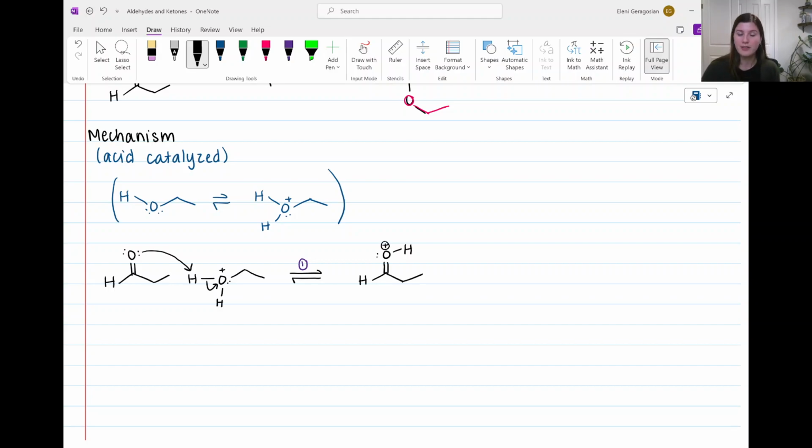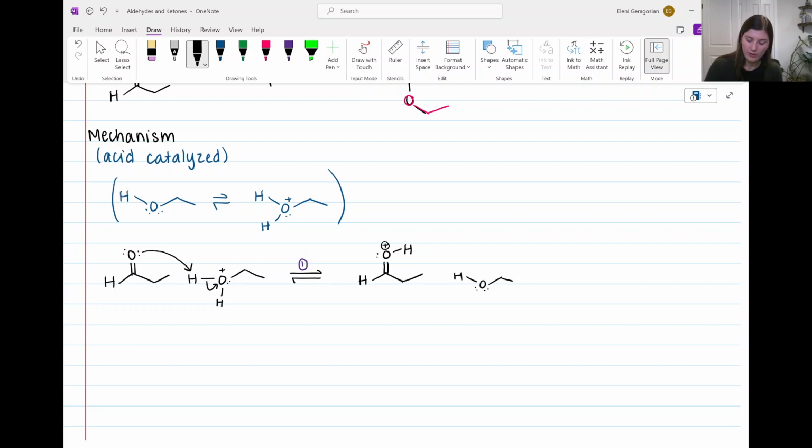We do nucleophilic addition. We have neutral solvent and protonated solvent molecules present. The neutral solvent, so the ethanol in this case, is a better nucleophile than the protonated one, so that's what we're going to add to that carbonyl carbon.